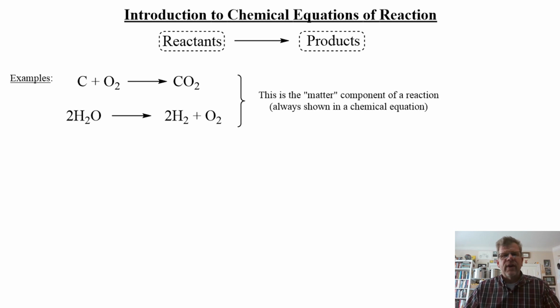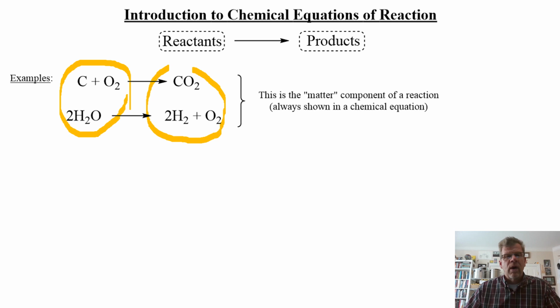So having said that, here are two representative examples of chemical equations of reaction. We have the reactants in both cases over on the left-hand side, a left to right arrow, and the products over on the right-hand side.